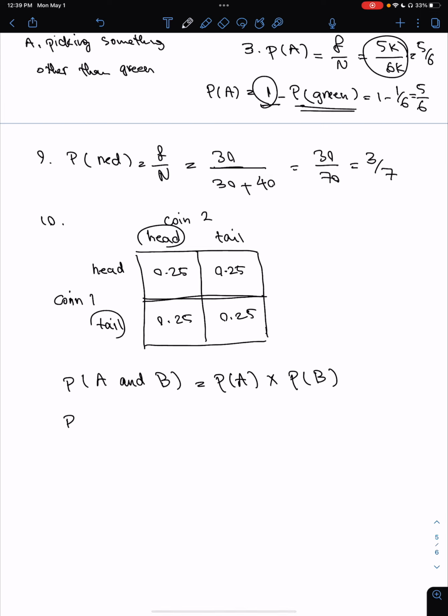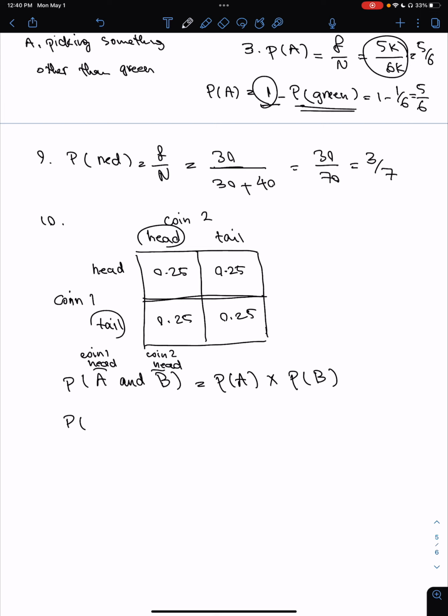So probability of getting two heads. Here A is coin 1 head, B is coin 2 head, or we can change it around, it doesn't matter. And we know that these are independent events. The event of tossing the first coin is independent from tossing the second coin.